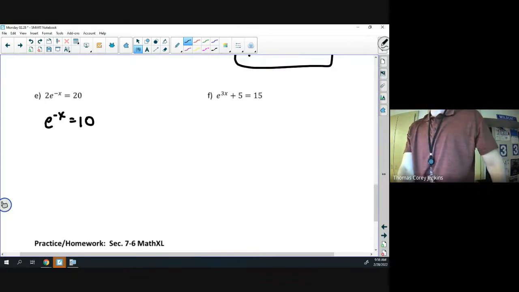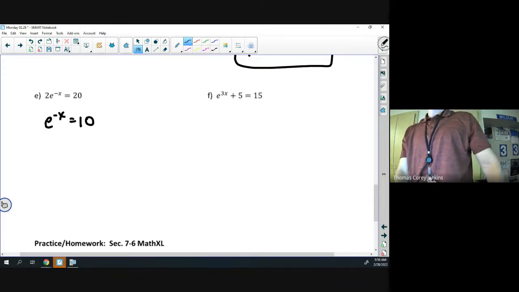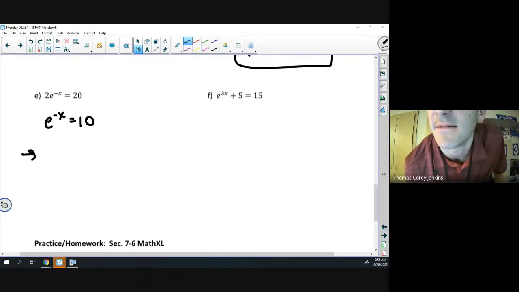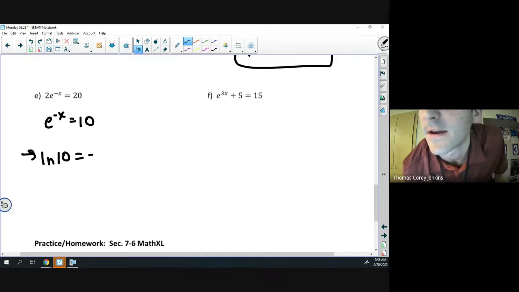Now we can go to log form. Log base e of 10 is equal to negative x. So we just write that as ln of 10 is equal to negative x.